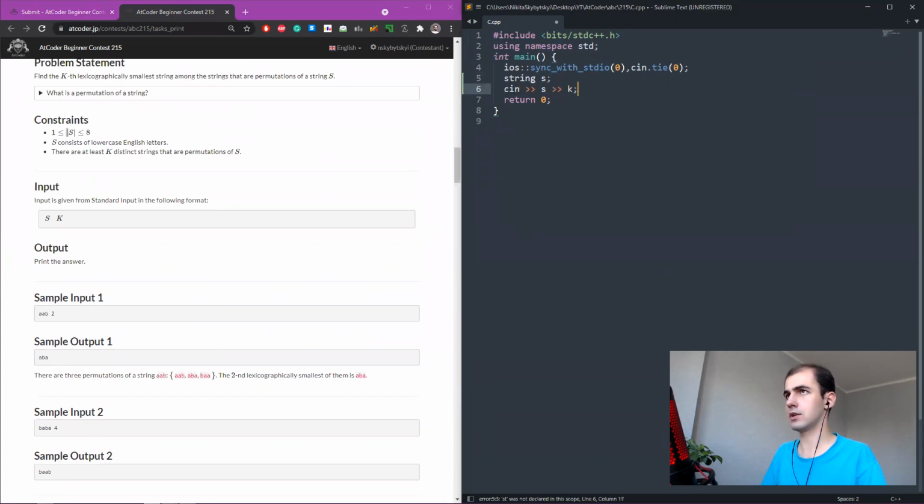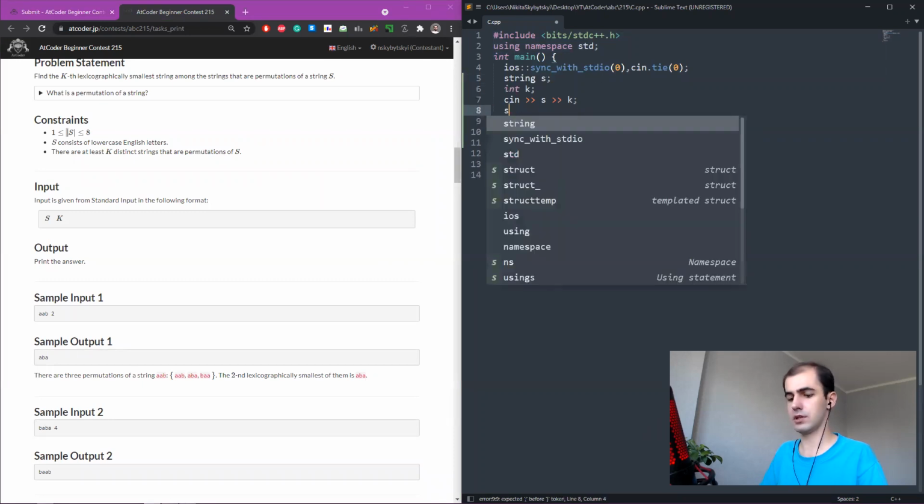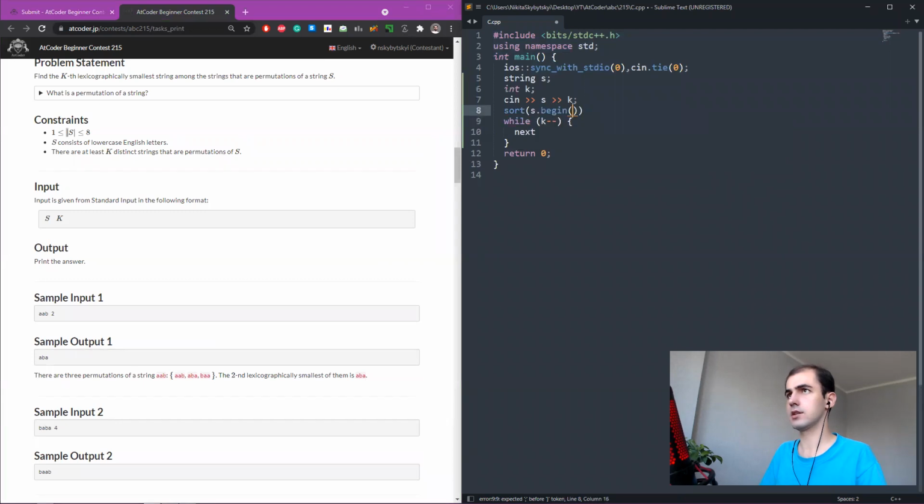We read S, we read K. Well, lexicographically smallest, so first we need to sort string S. So it starts from the first one. We also index K is 1-based, so we have to address that as well.